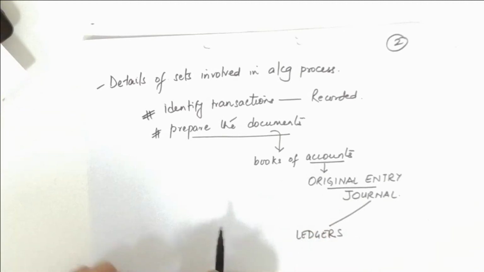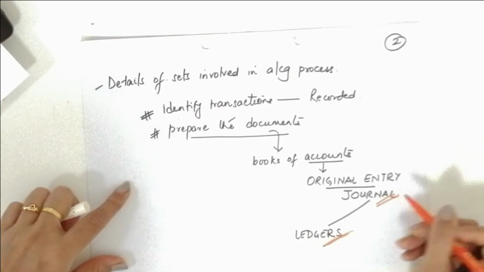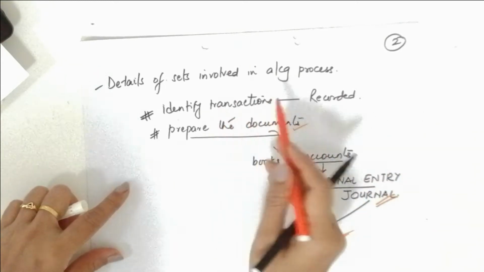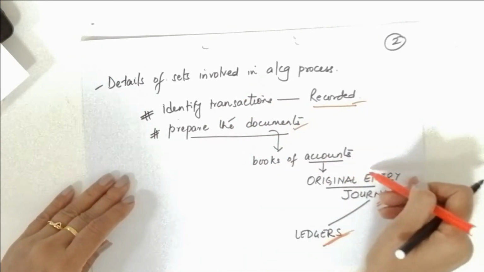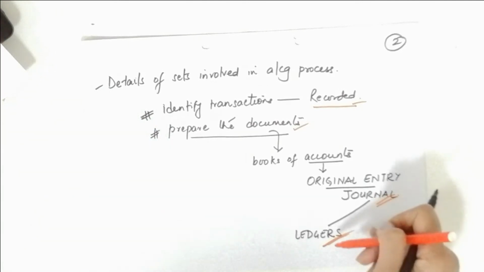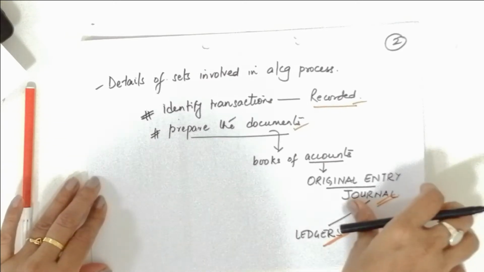So we have learned three terms here: ledgers, journal, which is the original book of entry, and preparing the documents. We begin with analyzing and recording, then documentation is done, and then it's entered in the book of original entry, journal, and then it goes to ledger. These are the steps I'll be discussing with you today.